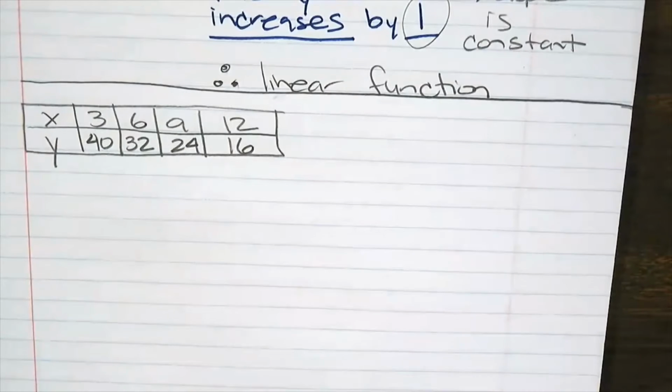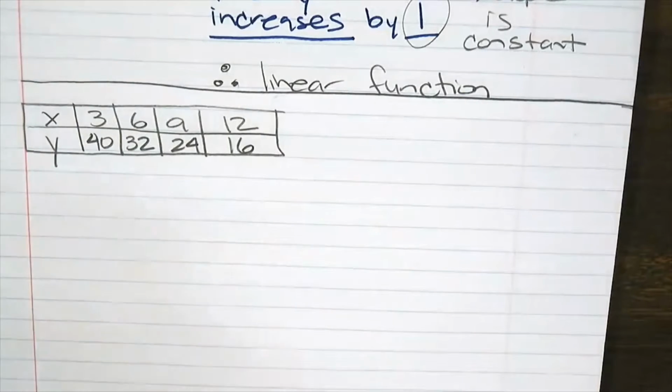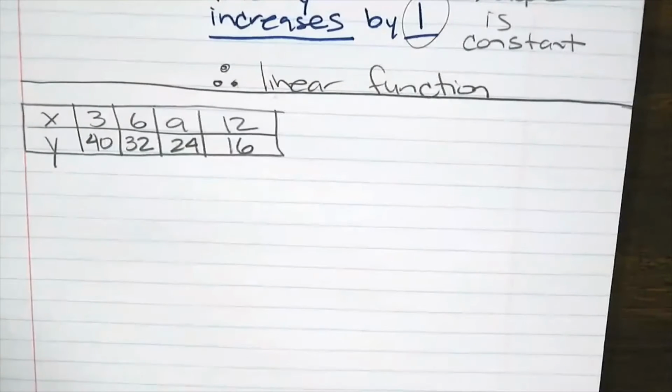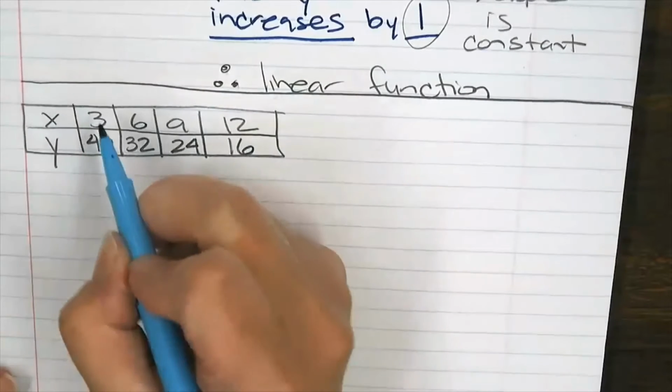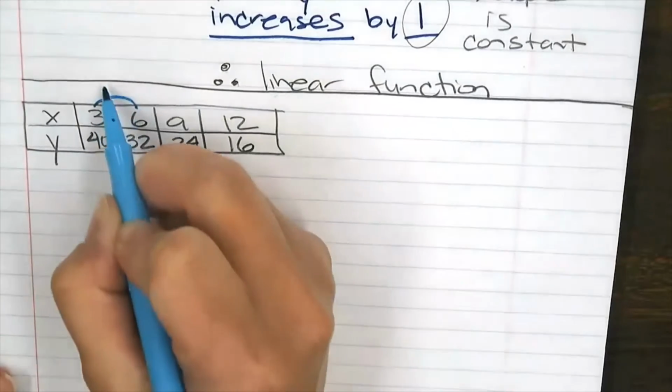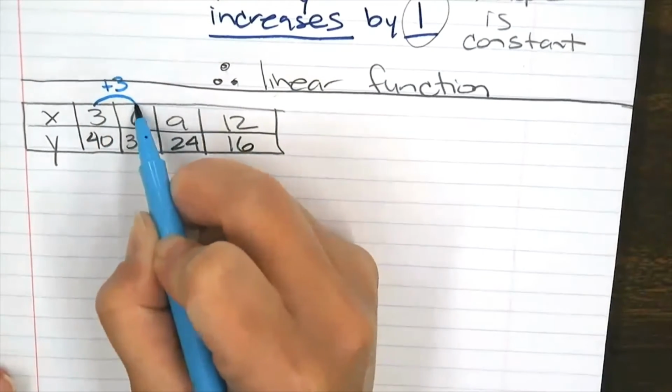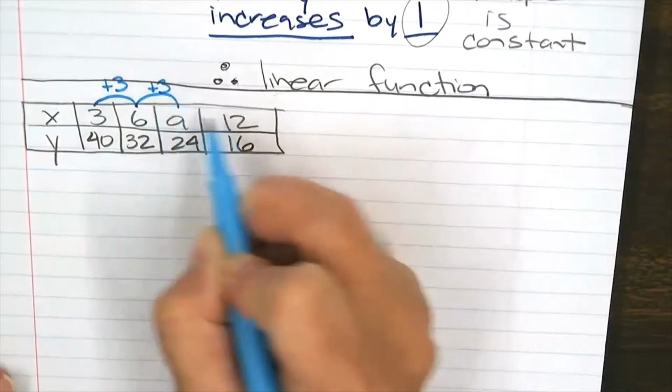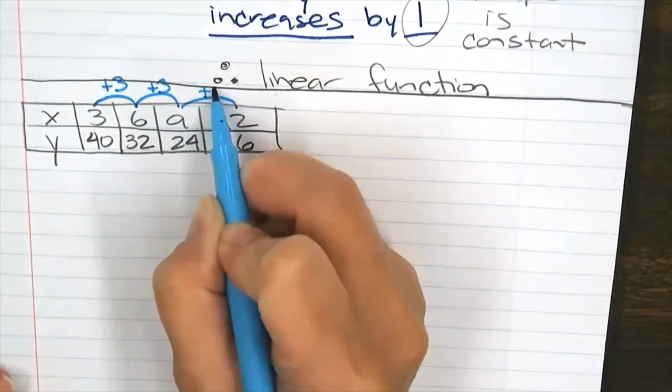We want to know, is it a linear function or a nonlinear function? When we graph this, is it going to be a straight line or a curved line? So we're going to do the same thing. We need to look for a constant change or a constant pattern. So 3 to 6 is plus 3, plus 3, plus 3.